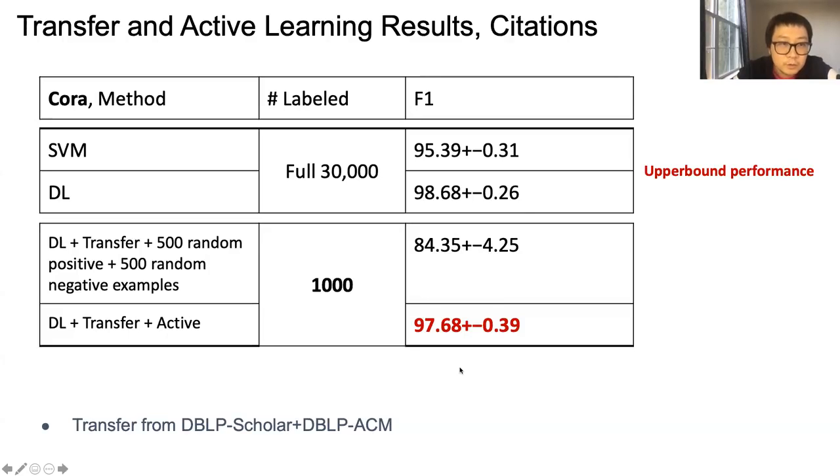So it's very close to the fully supervised deep learning approach, but the difference is that we only use 1,000 examples instead of 30,000 examples, right? So I hope this experiment can give you an idea why we think active learning is very effective and how we use it in practice.